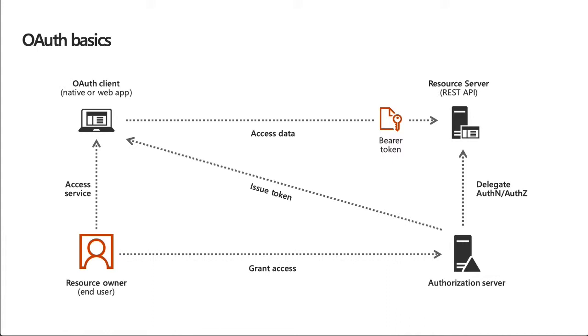It will then create an OAuth access token, and it will hand that back in that diagonal line going from the bottom left to the top right that says issue token. It will send that back to the native application. And that access token will contain the user. It will contain the resource that the token is valid for, in our case, the Microsoft Graph. And it will contain all of the scopes or permissions that the user granted the application.